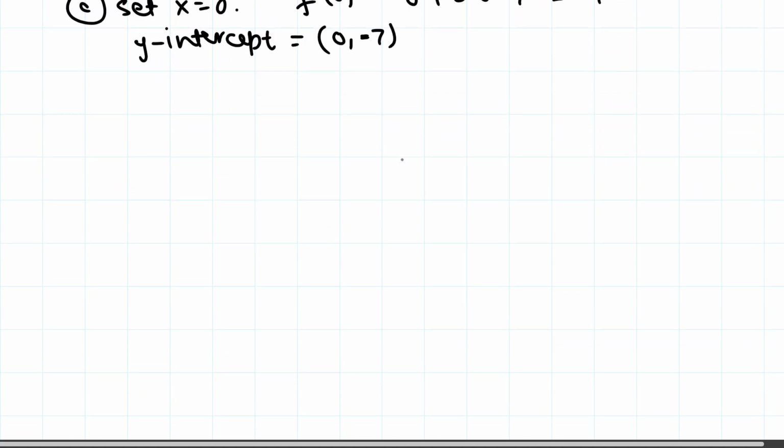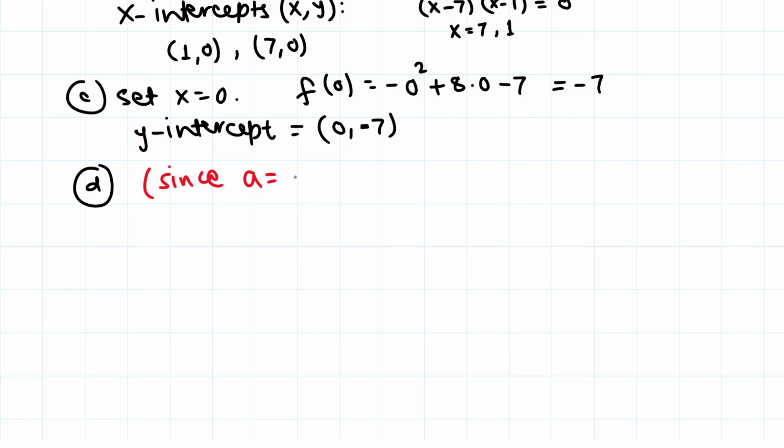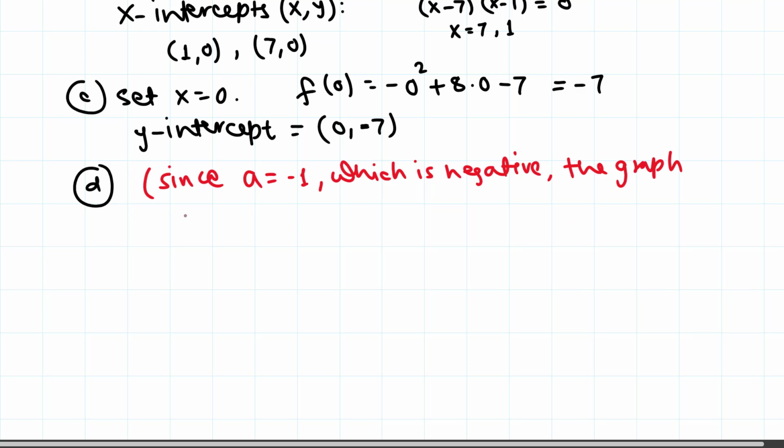The max or min value, part D. Since the leading coefficient a is negative, the graph, or the parabola, opens downward, like this one.